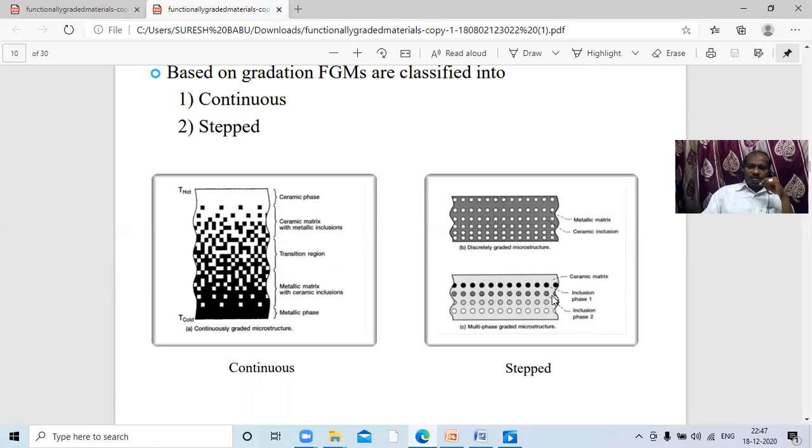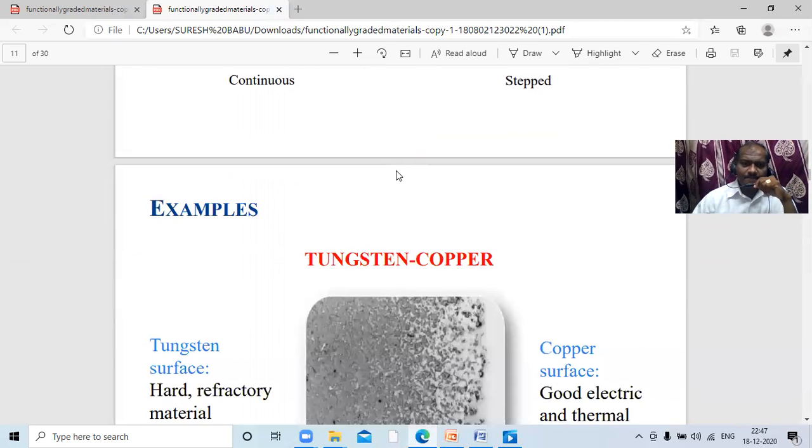I think you can differentiate these two also. This is up to metallic matrix and ceramic inclusion. Stepwise graded microstructures. So based upon gradation, FGMs are classified into continuous and stepped.